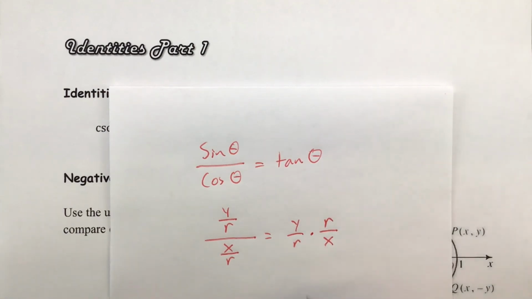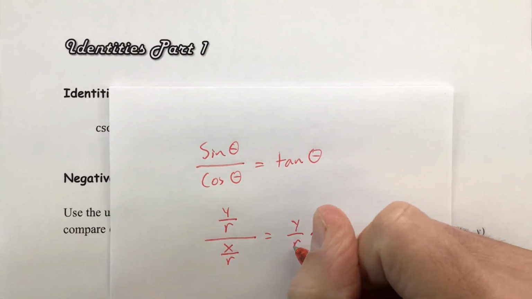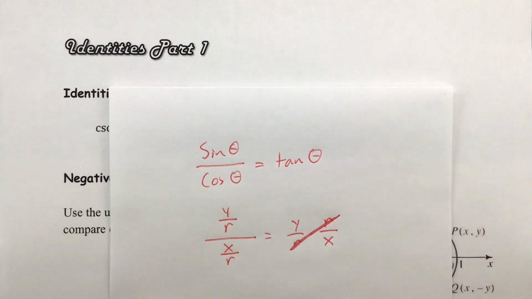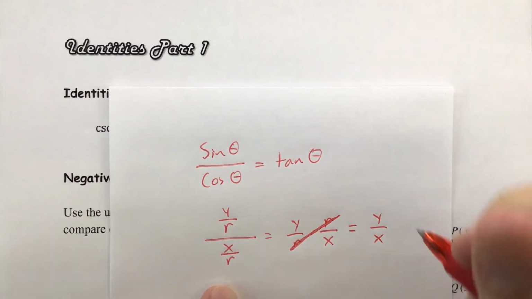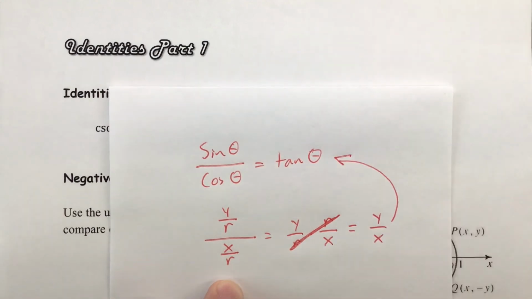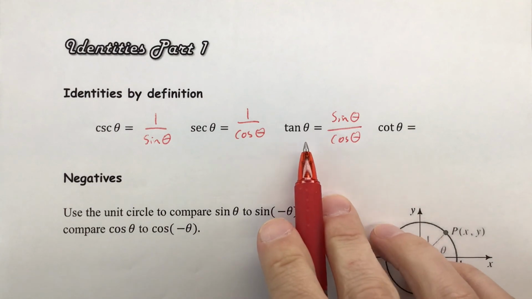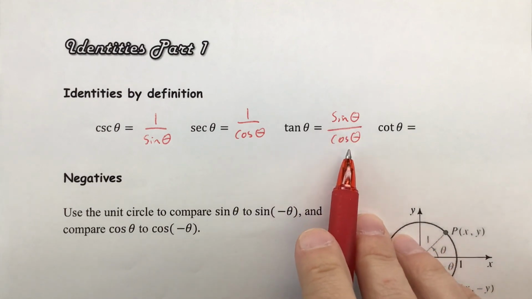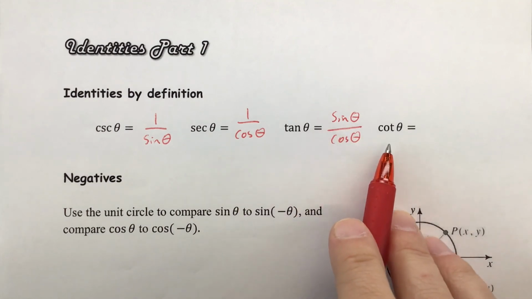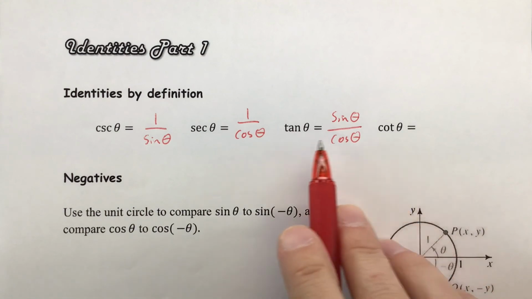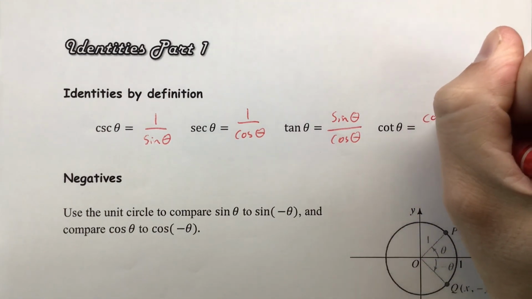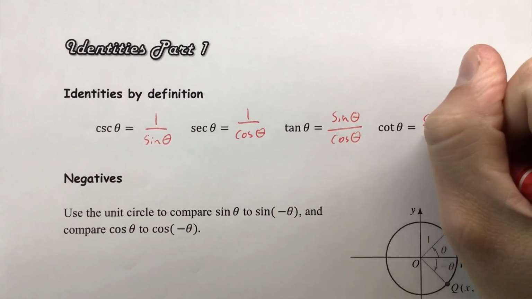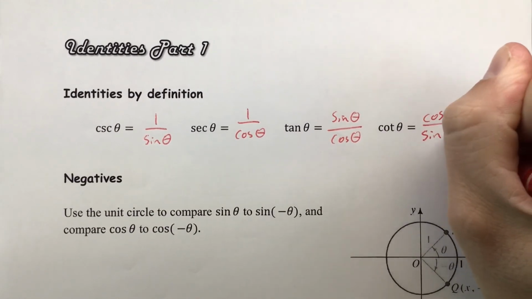When we do that, the r values just cancel out with each other, and we're left with y over x, which is the definition of tangent theta. So the tangent of theta is equal to sine of theta divided by cosine theta. And if the cotangent of theta is the reciprocal of tangent, we can write that as cosine theta divided by sine theta.